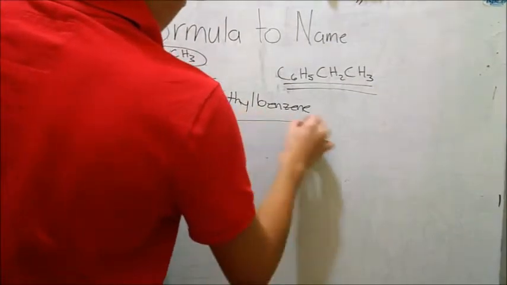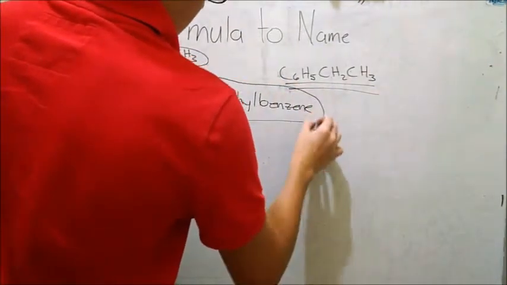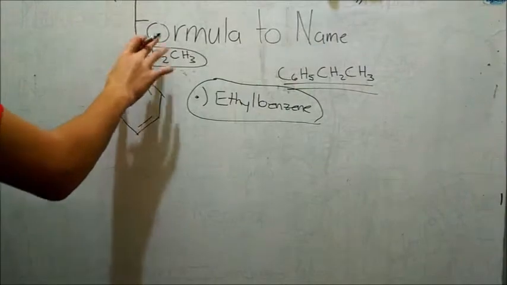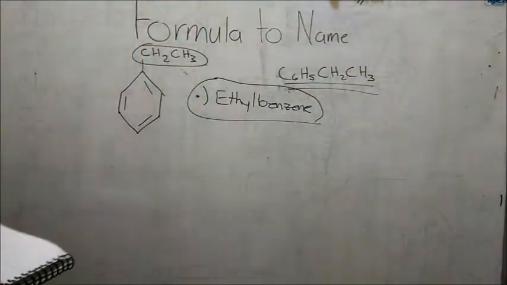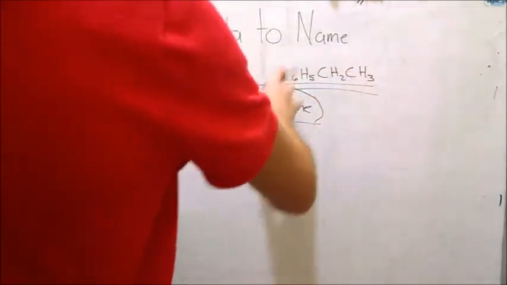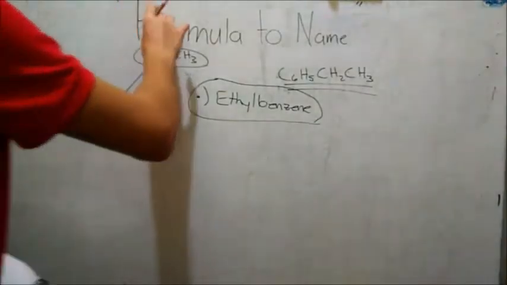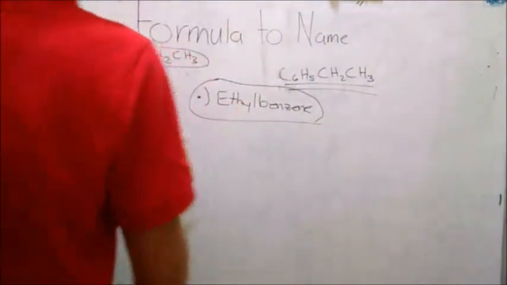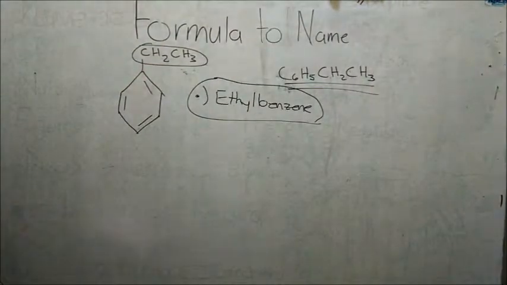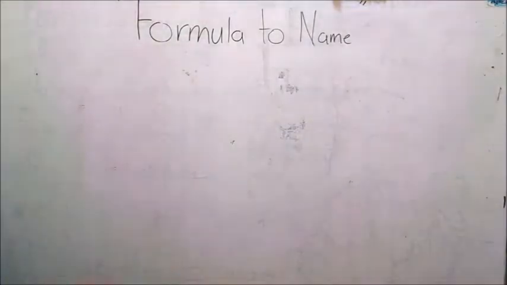Well, it is ethylbenzene because we have these two, and here we have the general formula from this one. So that is how we transform from formula to a name. This is the name and this is the formula. Okay, this is the example number 1. Well, now the second example, we have this formula.